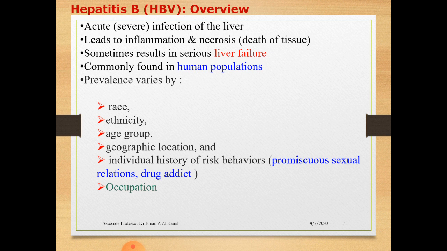Drug addiction, especially intravenous drug addiction, and people who share needles increase the risk of transmission of infection. Certain occupations also make some employees or workers get the infection because of their occupation, such as health care personnel.